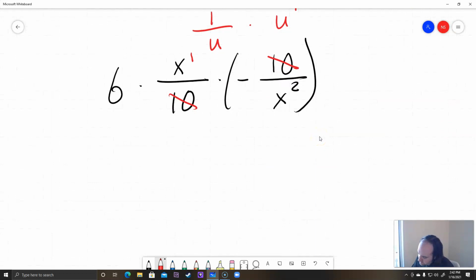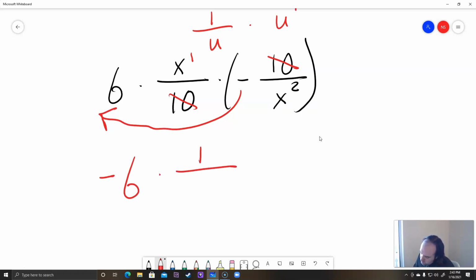Well, I can go ahead and bring the negative out front. So we have negative 6 times 1 over x to the 2 minus 1. Okay? So I went ahead and brought the negative out front, and then I subtracted the exponents down on the bottom.